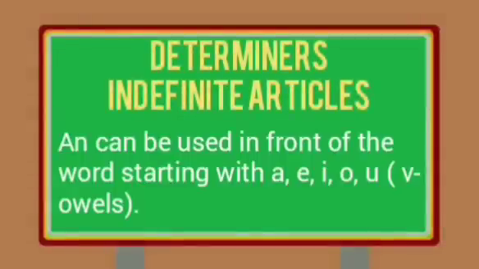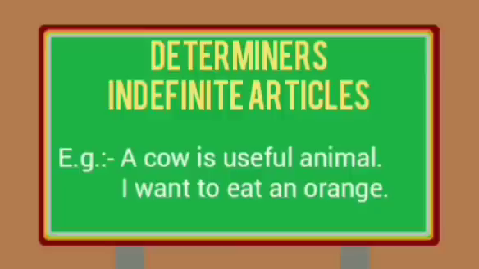A is used before the nouns to make proper nouns to common nouns. An can be used in front of the words starting with the letters A, E, I, O, U, which are vowels. Example, a cow is a useful animal.